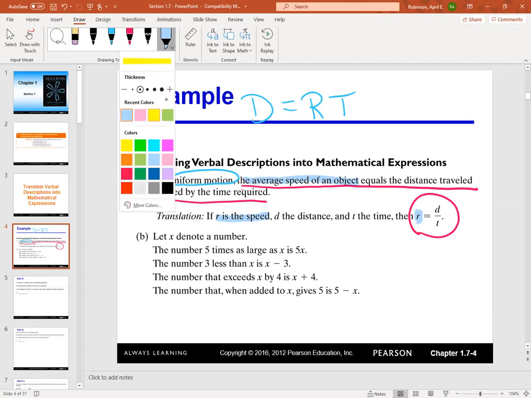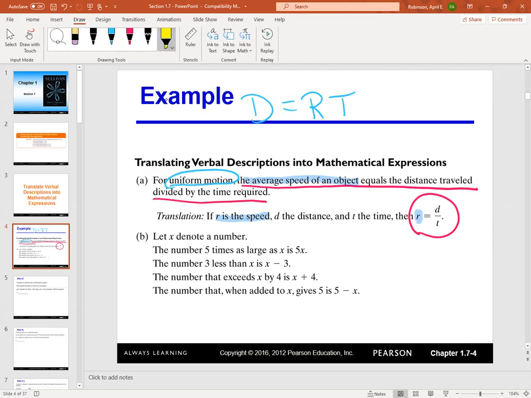Then it says equals, so here's the equal sign. And then it says the distance traveled, that's the d. Let me find a color for this. Divided by, so they're going to express it as a fraction bar right there.